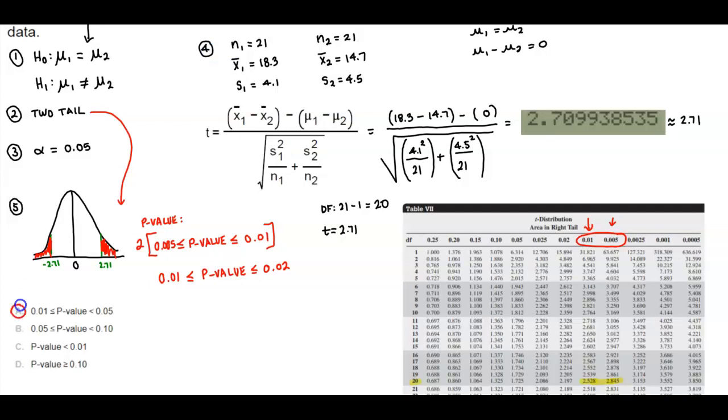So what does that tell us? That tells us that if this p-value is in between 0.01 and 0.05, and we compare this p-value with alpha, and alpha in our problem is 0.05, it's going to be less.